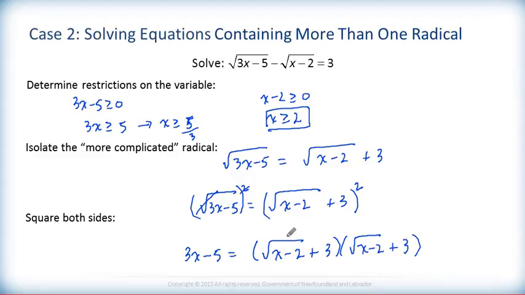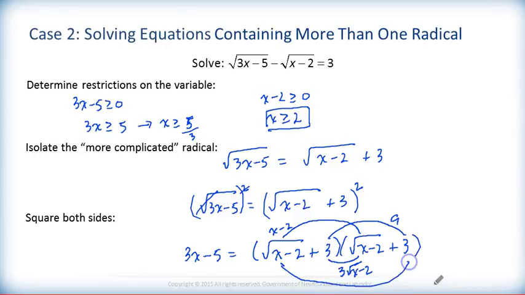I multiply my first term by my first term. It's the same radical multiplied by itself, so I just lose the radical sign, and I get x minus 2. Then I've got 3 times 3, which is 9. Then I've got 3 root of x minus 2 here, and another 3 root of x minus 2 here.